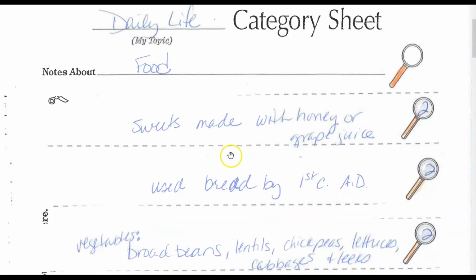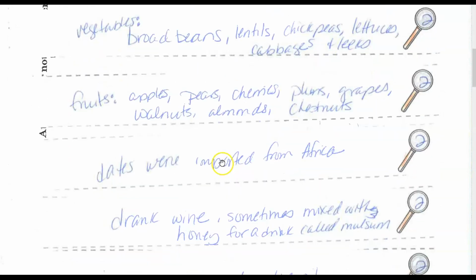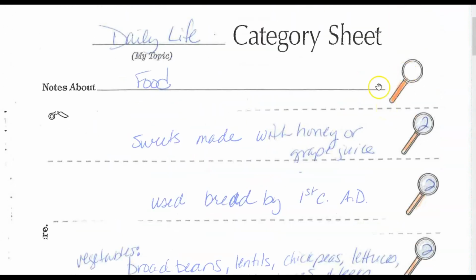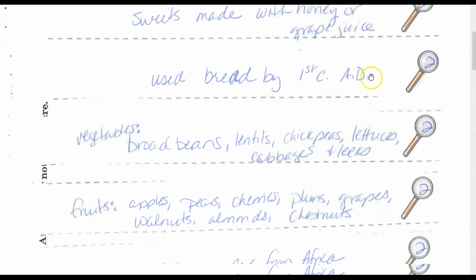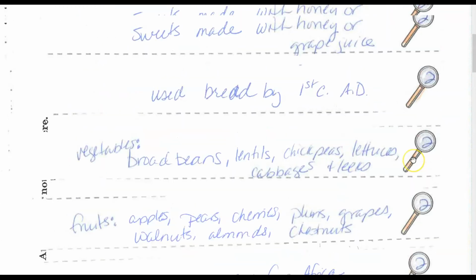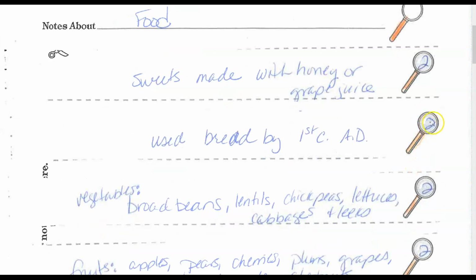And then you'll see that I cut out all the notes and I've pasted them on very close together, almost overlapping. You can see the little handles are all colored the same color to match my category. They all are numbered the same too. I would not expect that to be the case for you. I would expect that some of these numbers would be mixed up.